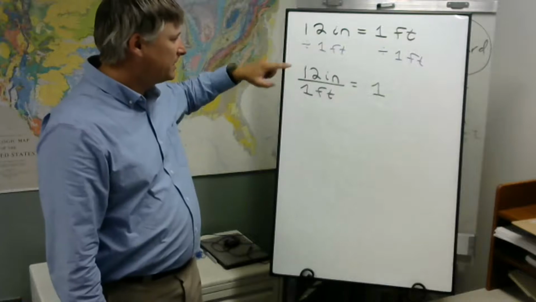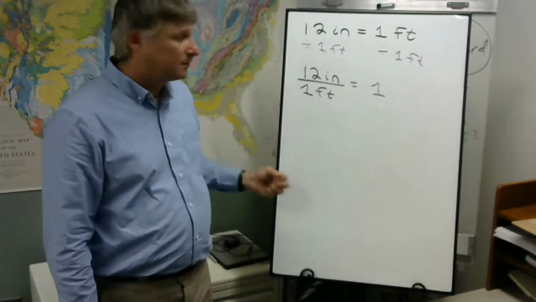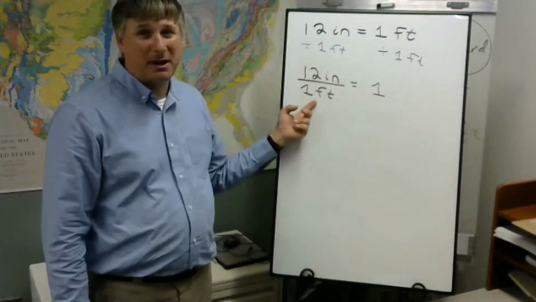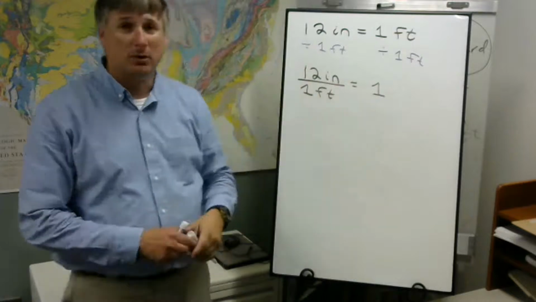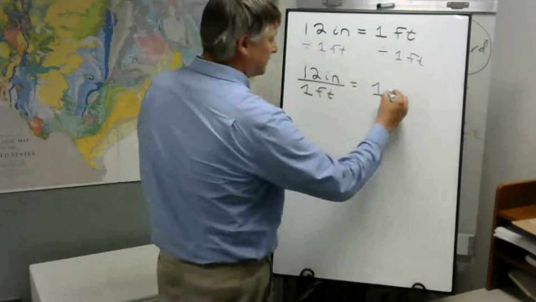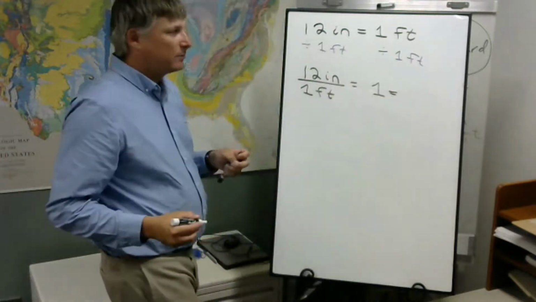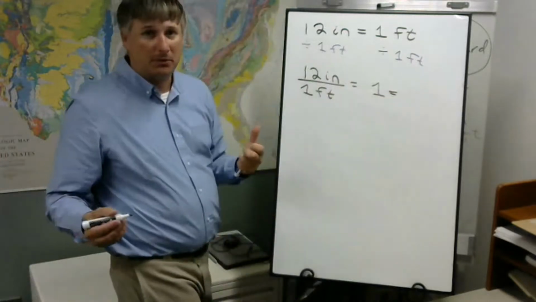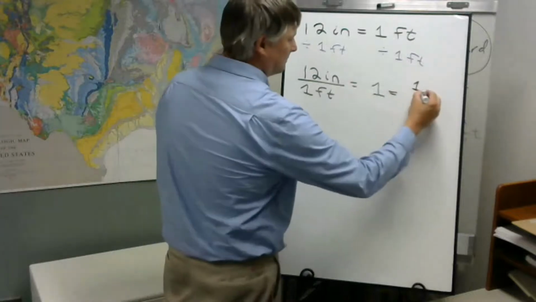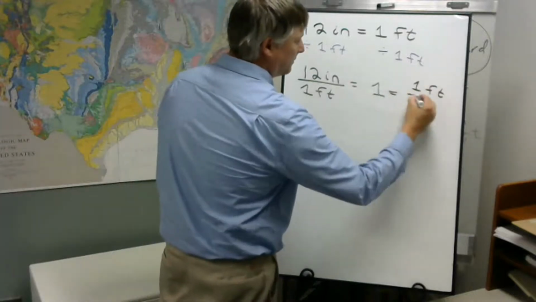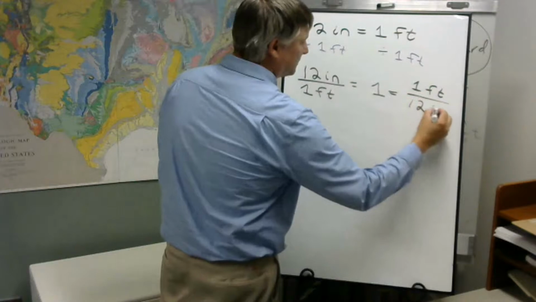But again, because these represent the same distance, we're dividing something by itself, so the ratio is equal to 1. And I would have put on the other side the result that we got when we divided by 12 inches on both sides. That was 1 foot over 12 inches.